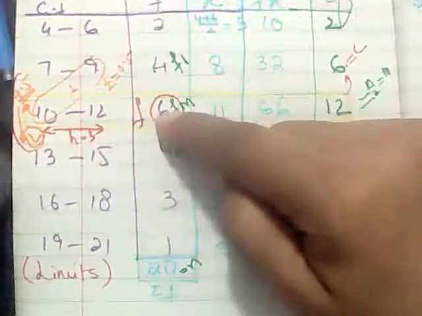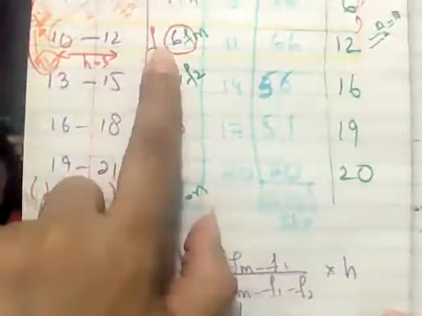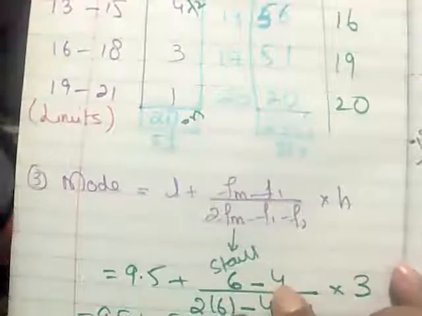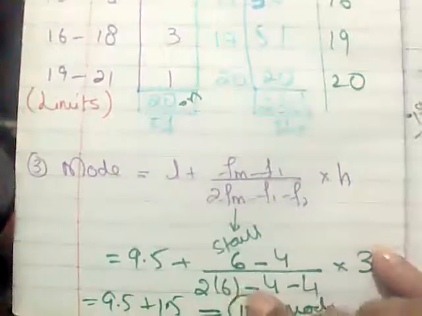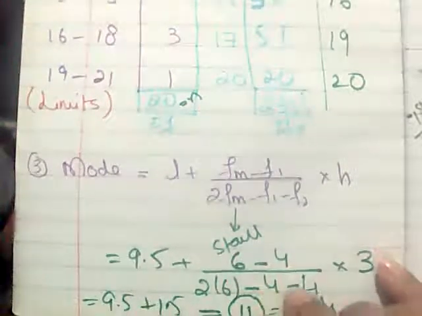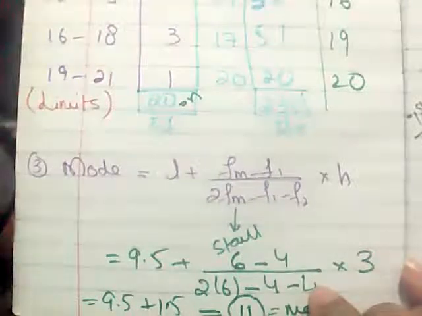F1 is the previous value, F2 is the next value. Whatever the highest value you get, its previous value and next value are F1 and F2, right? So this part is easy now. This is my 6, look over here. 6, previous is 4, and by chance next is also 4. So 6 minus previous, which is 4, 2 times 6 minus previous minus forward, next one.